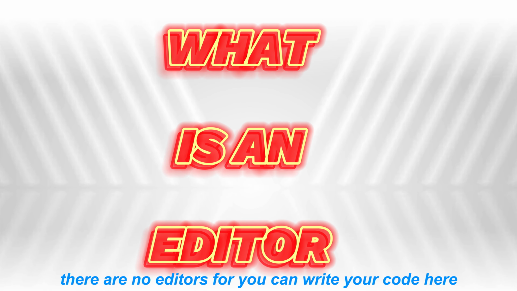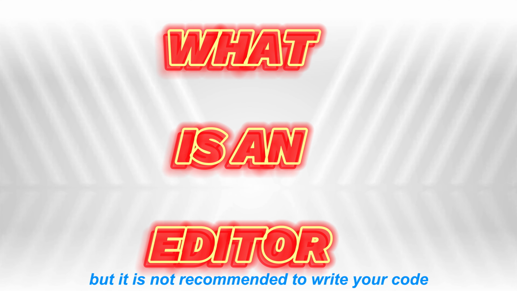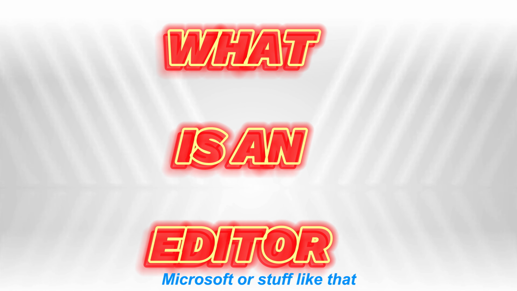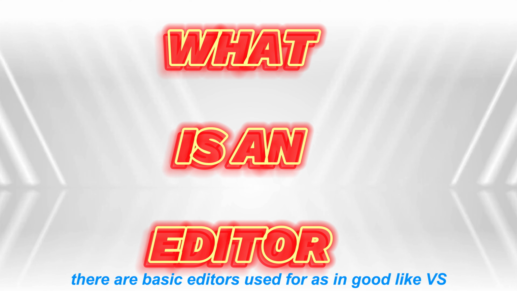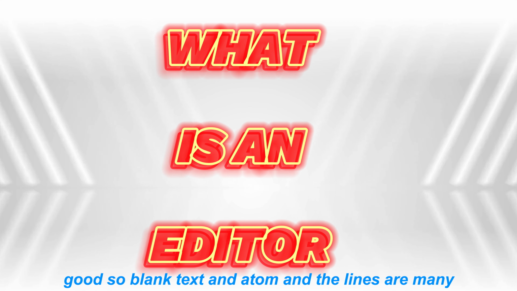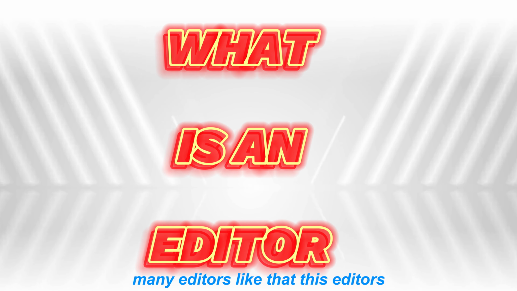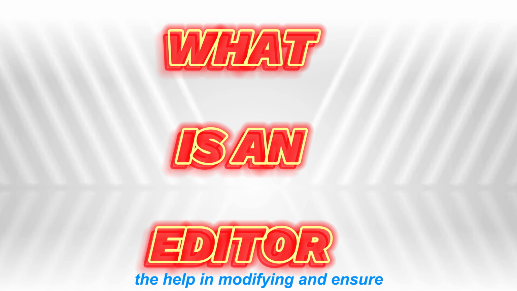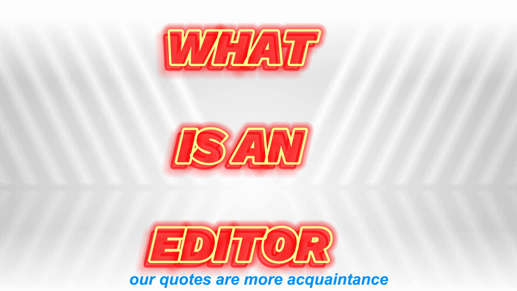You can write your code there, but it is not recommended. So there are basic editors used for writing code, like VS Code, Sublime Text, and Atom, and the like. There are many editors like that. These editors help in modifying and ensuring our code is more accurate.